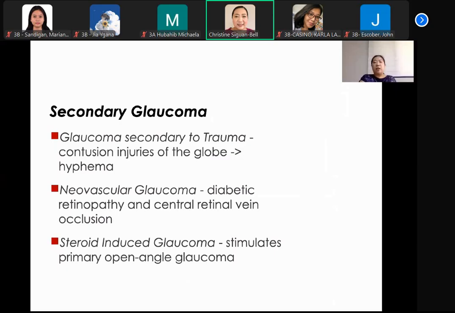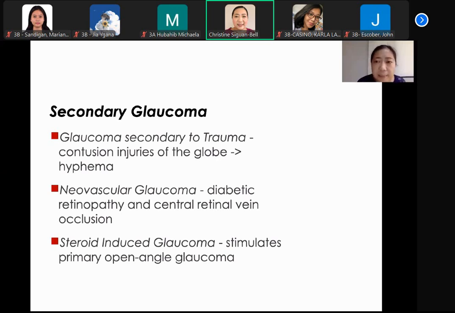Other types of secondary glaucoma include secondary glaucoma due to trauma. It could be due to traumatic hyphema, increased inflammation, or lens dislocation. Neovascular glaucoma is a very severe type of glaucoma and difficult to treat. It's usually due to diabetes, hypertension, and central retinal vein occlusion.